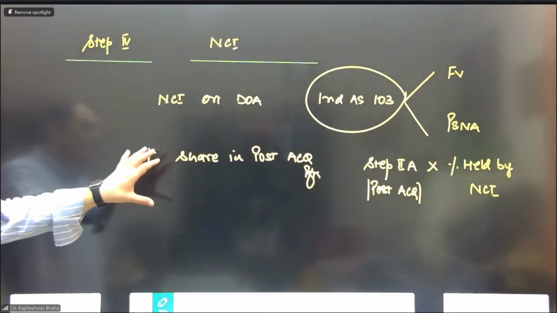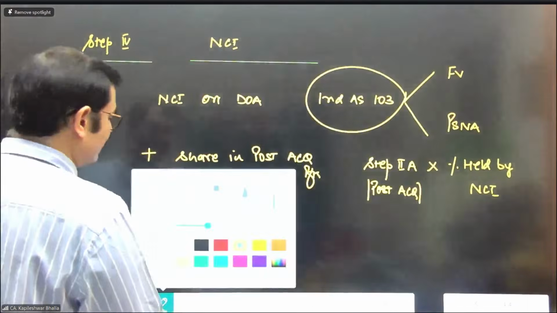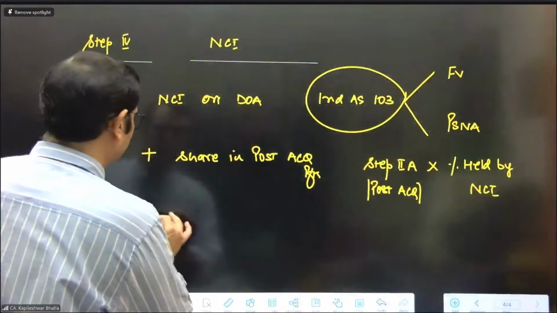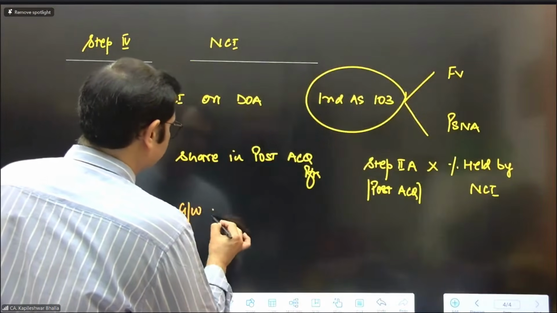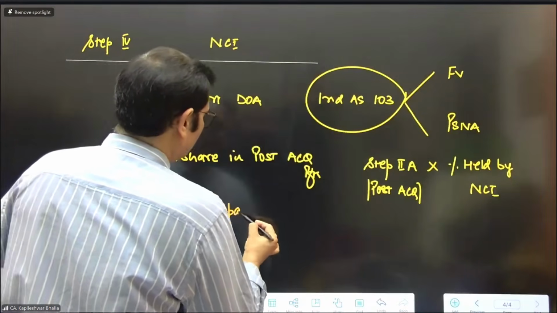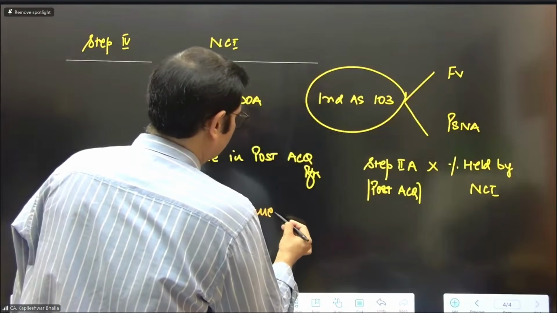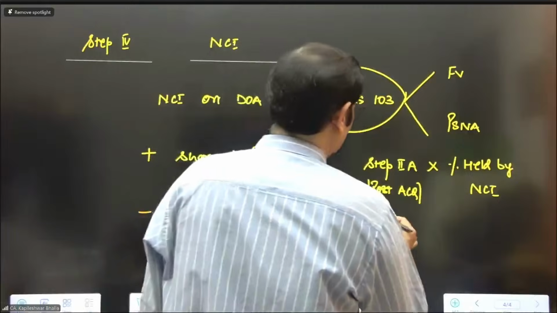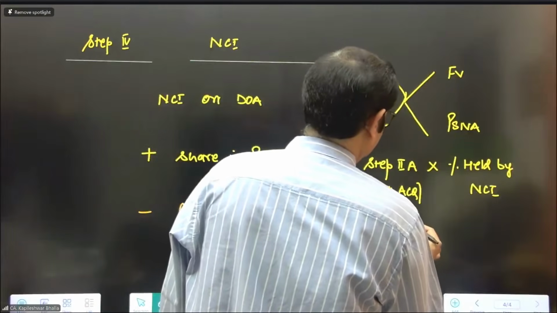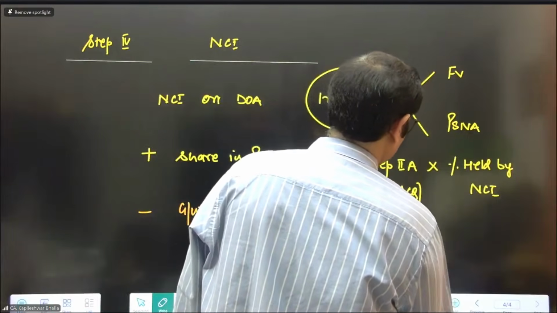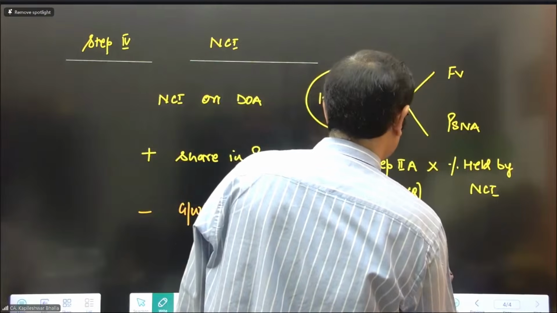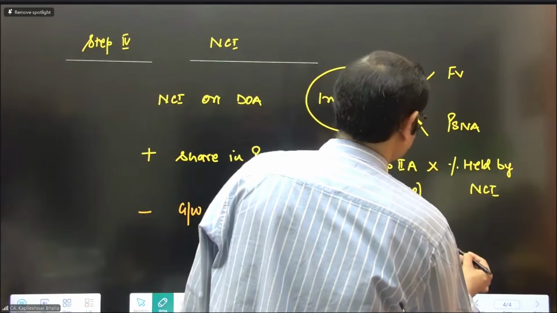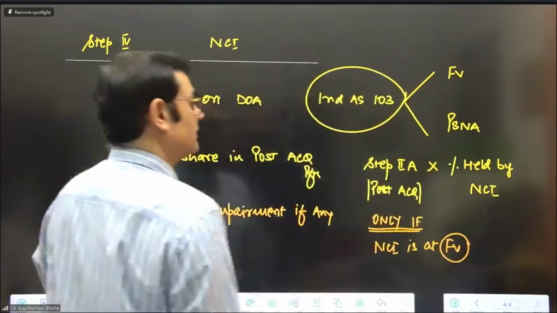Now, the only other thing which you need to be careful is that you need to make a reduction of goodwill impairment, if any, and that also only if NCI is at a fair value, not at a proportionate share.